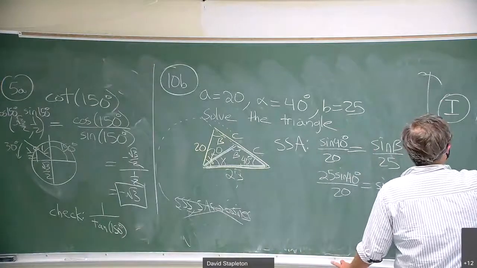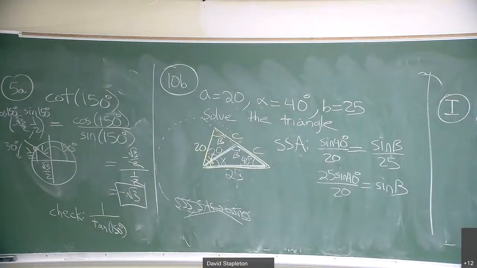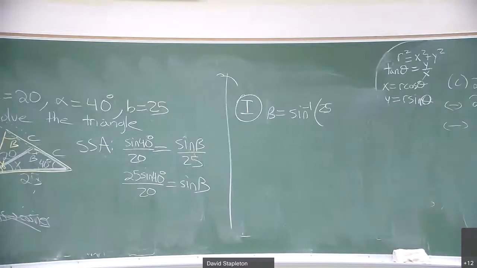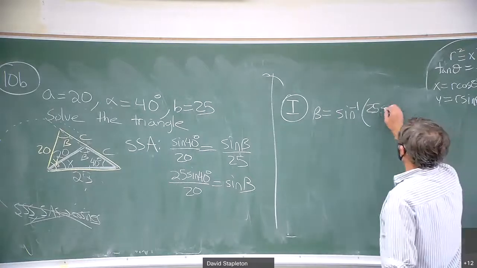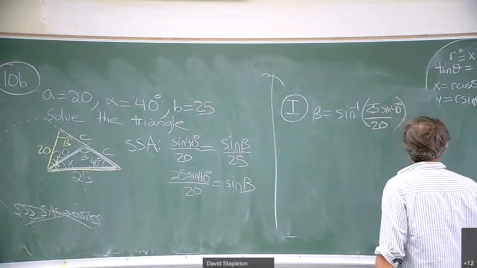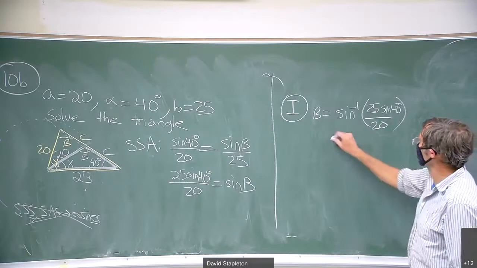Beta equals the arc sine of 25 sine 40 degrees over 20. But there's another possibility. First, let's see what this one is.